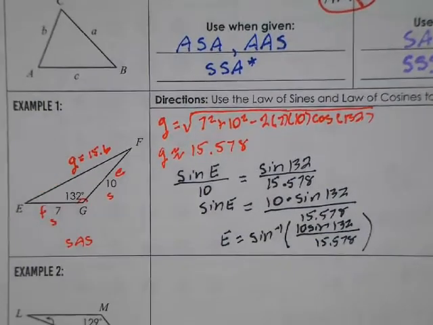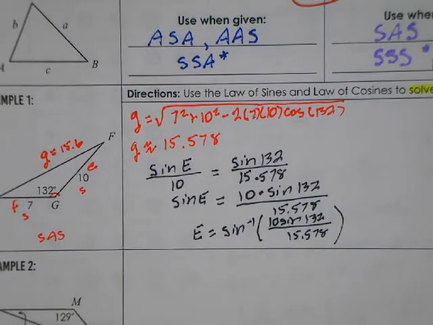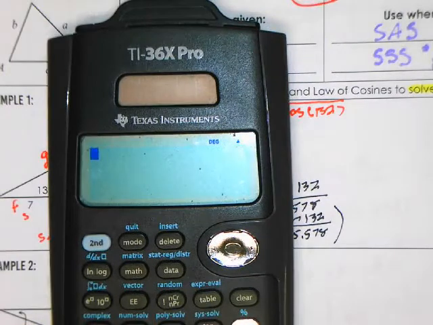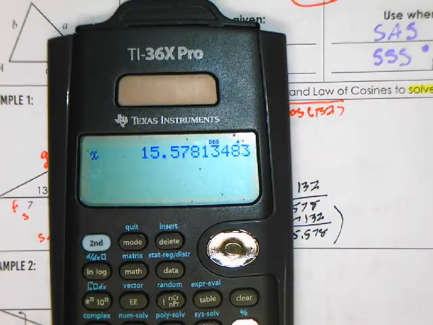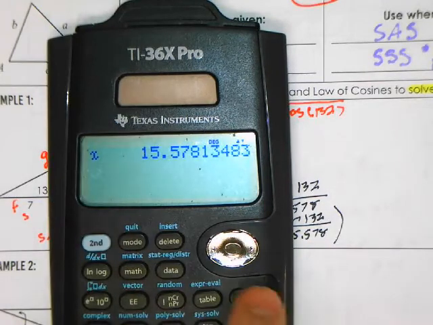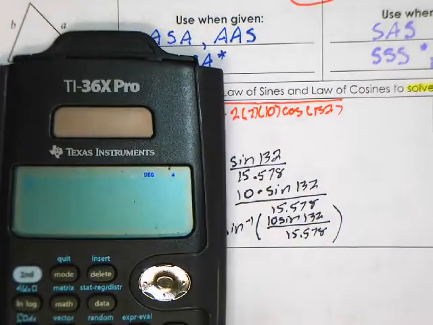Now on my calculator, I've saved that number. I saved it in memory spot X, but that's just how my calculator has it saved. Obviously, yours may be different.